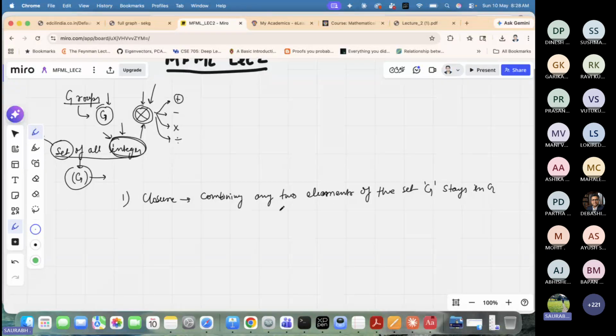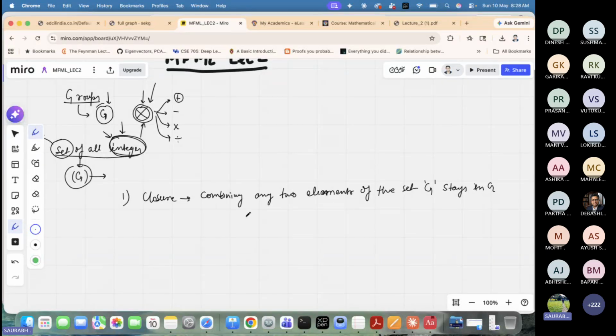For example, let's say we have the set of all integers: -7, -6, and so on, 0, then 1, 2, and so on, going from negative infinity to infinity. Now take any two of them. Right now I have taken 1 and 2.